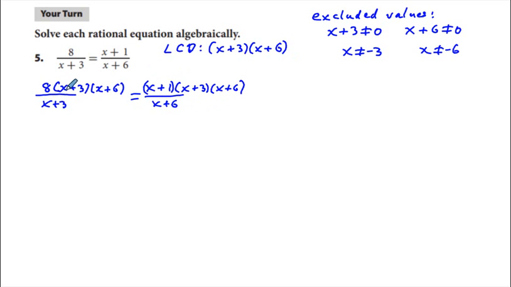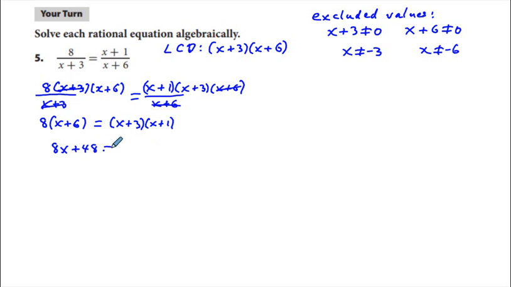So on the left side, x plus 3 over x plus 3 cancel each other, and on the right side, x plus 6 over x plus 6 cancel each other. We're left with 8 times quantity x plus 6, and on the right side of the equation, quantity x plus 3 times quantity x plus 1. I wrote them in a different order. That's okay. On the left side, distributing, we have 8x plus 48.